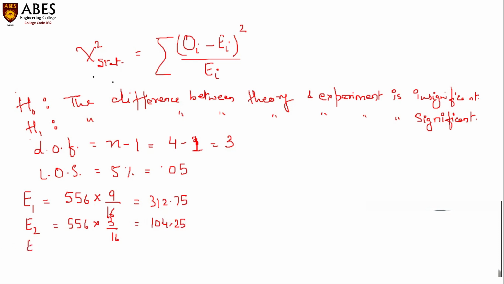How many seeds should belong to category 3? 556 into 3 by 16 again, since the ratio for the third category was again 3, that is 104.25. And finally, how many should belong to the last category? That is E4, 556 into 1 by 16, which is 34.75.